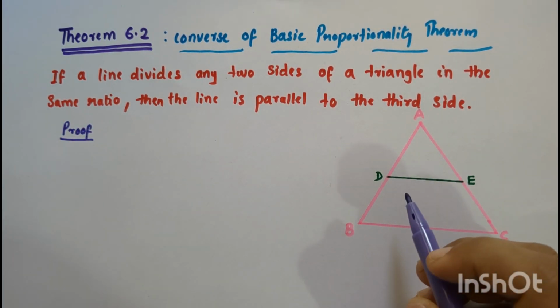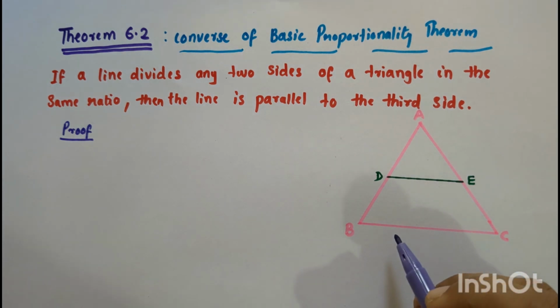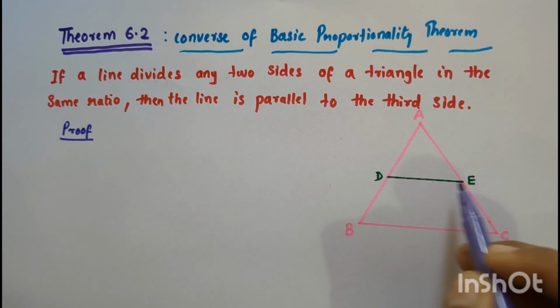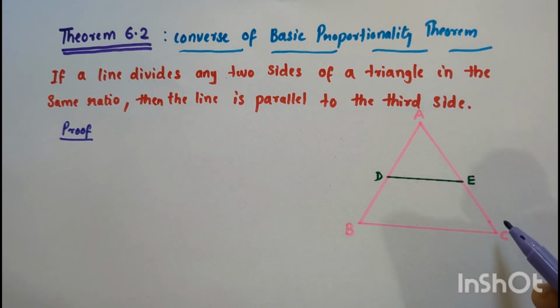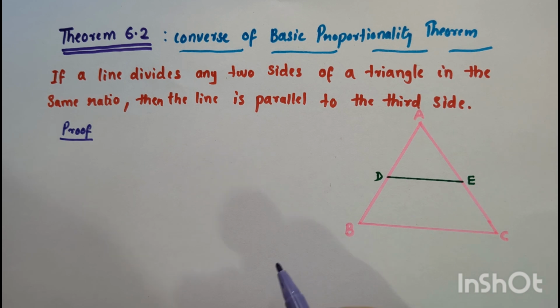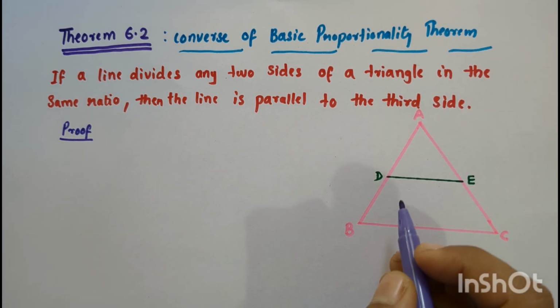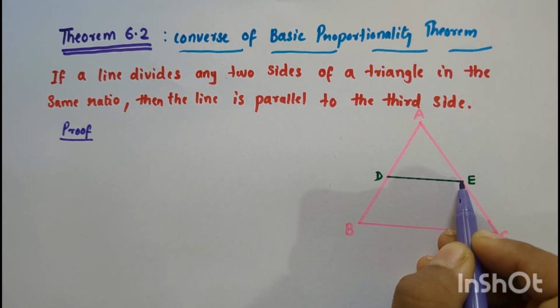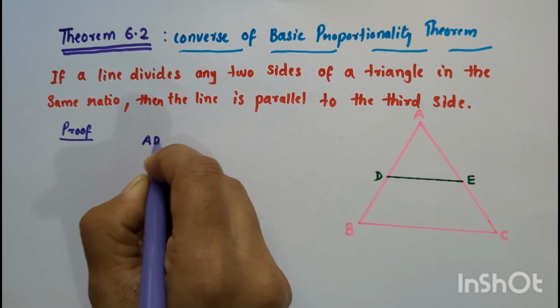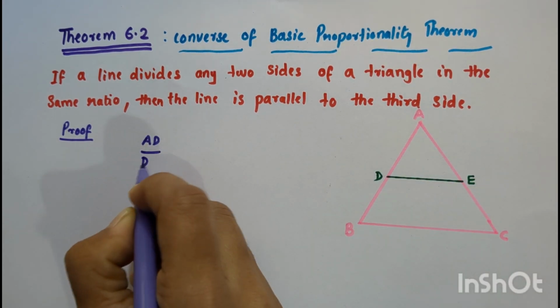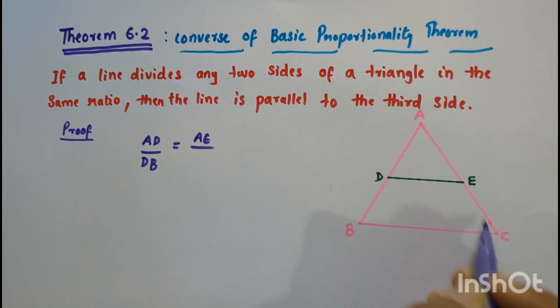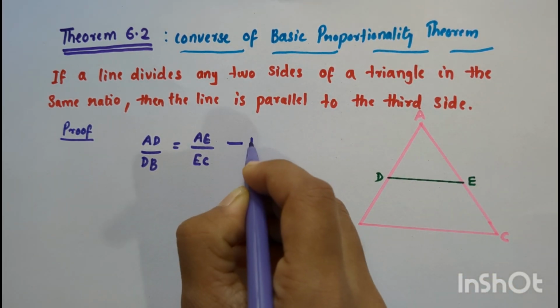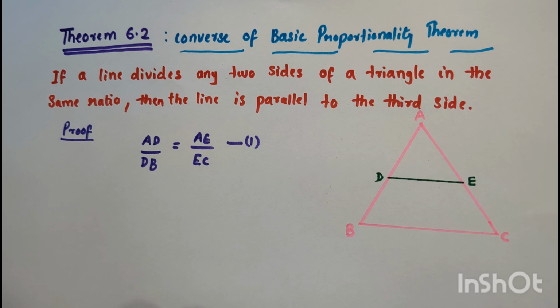For that, here I am considering a triangle ABC. Consider a line DE such that it divides these two sides AB and AC in the same ratio. That is, AD by DB is equal to AE divided by EC, and I am taking this as equation number 1.